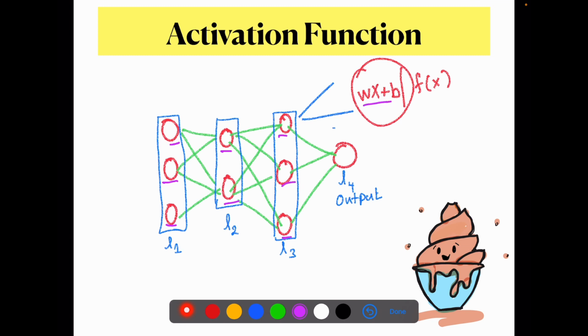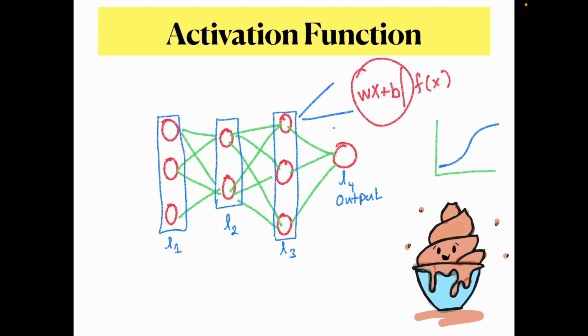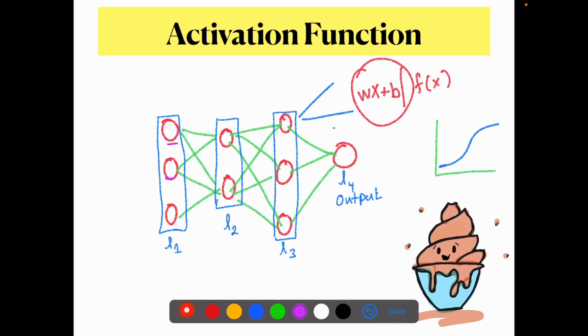Once weights and biases are calculated, this is passed into our function, that is the activation function, which is either sigmoid, ReLU, or different activation functions you want. If you use the activation function in each neuron, then the shape will be converted into something like this, or this, and then it will be converted into that, and then somewhat combined together to form the perfect shape that you're looking for.